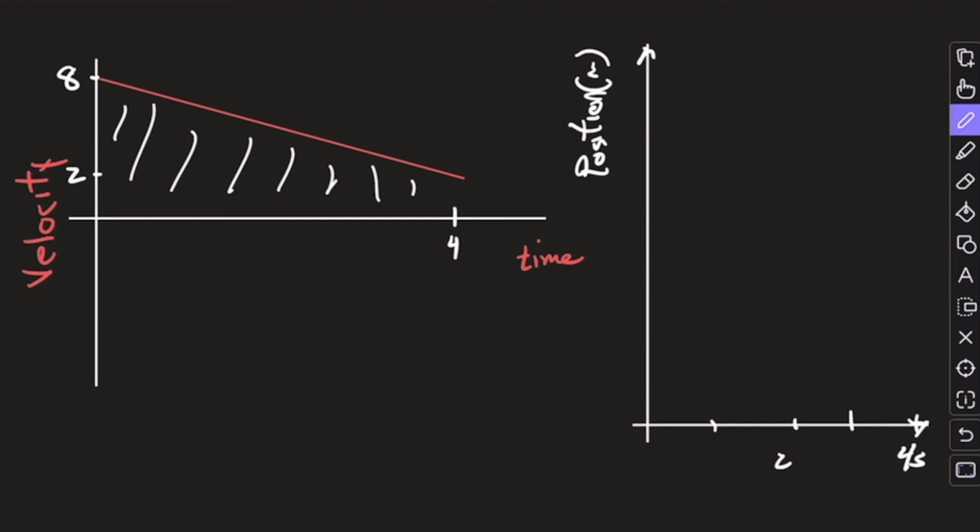You don't know where the object starts, so start your object at the origin. You know the area was 20 meters, so you know how far the object moved, meaning you know where the object is after 4 seconds. Mark that on the graph.